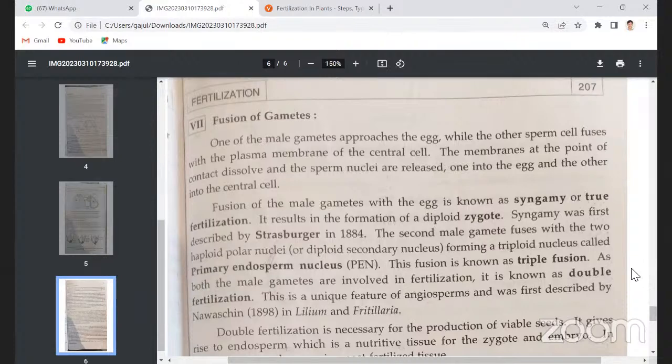Next, double fertilization is necessary for the production of viable seeds. Double fertilization is a must.